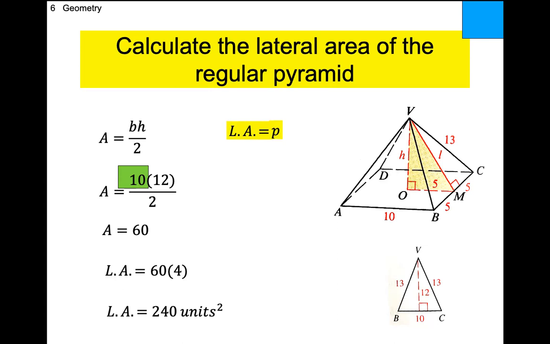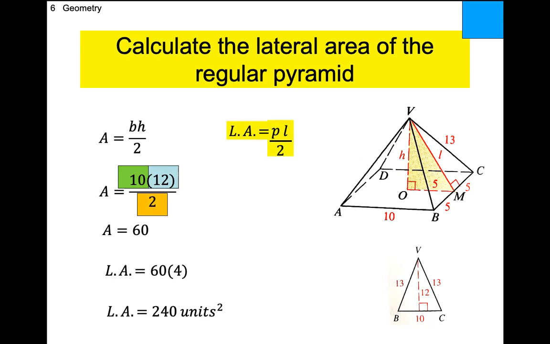So instead, we could multiply by the perimeter of the base, times 12. 12 was the height, so we still need height, and that's the slant height, L. And then lastly, we do have to divide by 2. All right, so there's our simplified formula for lateral area. Now be careful, this is only for a regular pyramid. So lateral area for a regular pyramid is PL divided by 2.